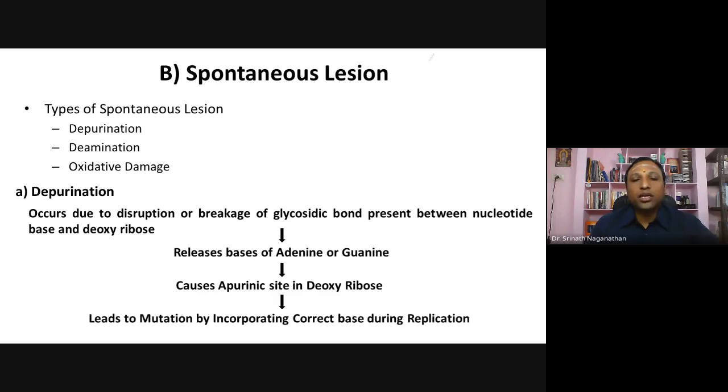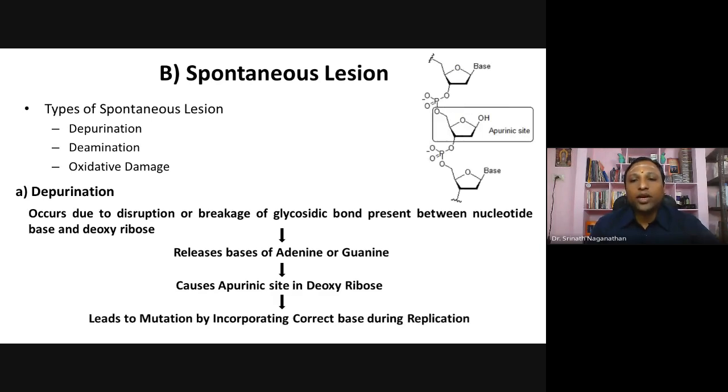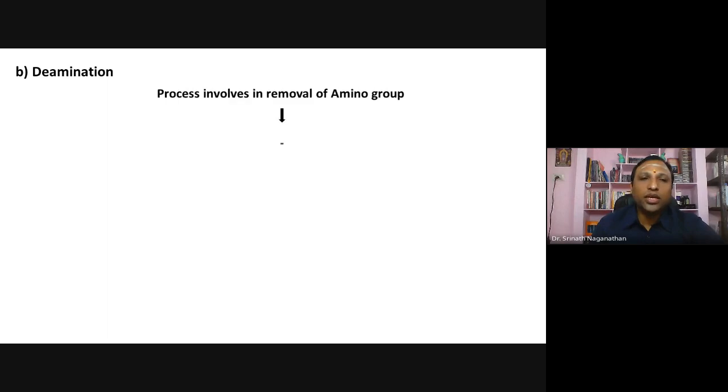Due to this, it leads to mutation by incorporating the wrong base during replication. You can see here, since the base has been removed, this is called an apurinic site. During the replication process, since this base is not there, there can be more problems while forming the daughter strand.